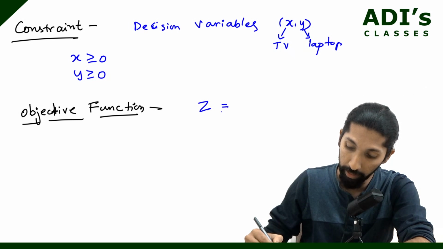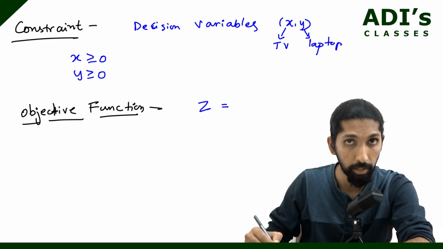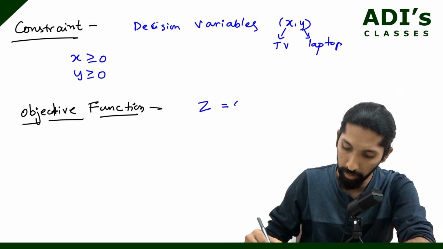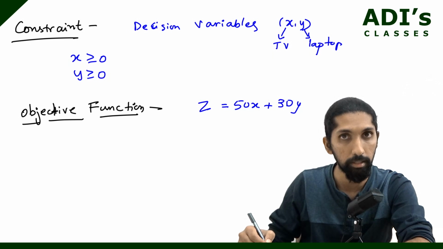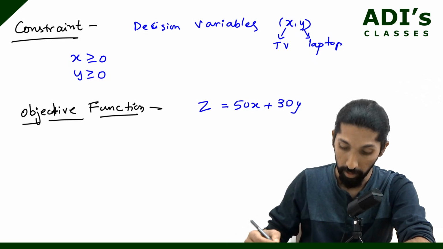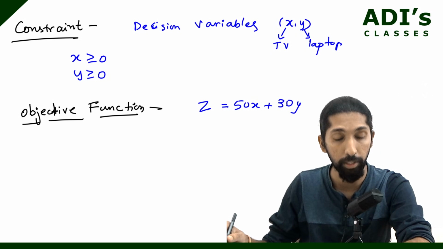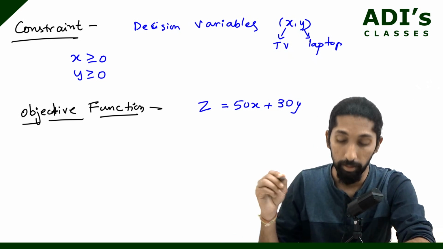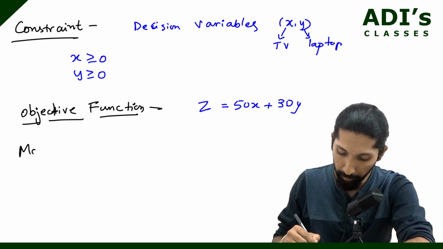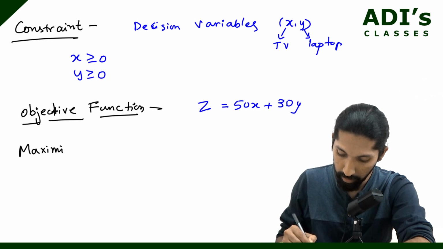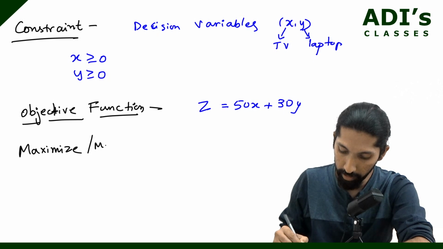Z will be in terms of the decision variables, maybe something like, say, 50x plus 30y, something like this. Fine. So this is what we call the objective function. The next parameter we have is what we mean by maximize or minimize.